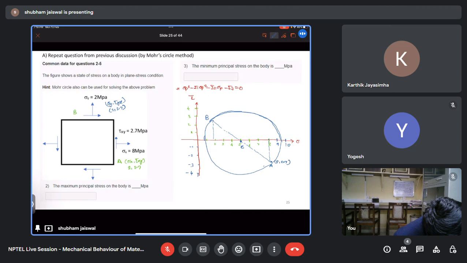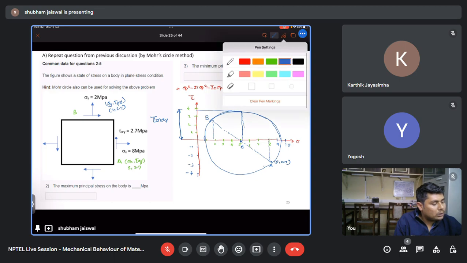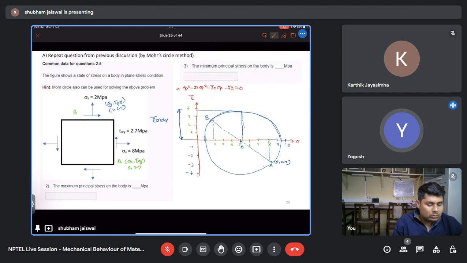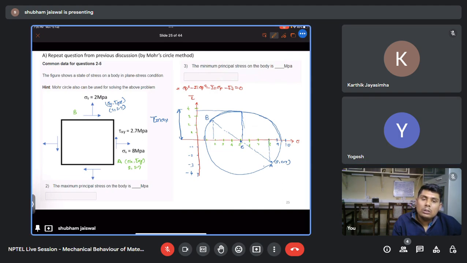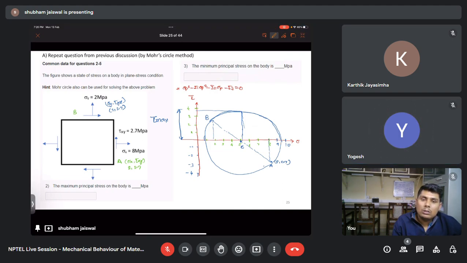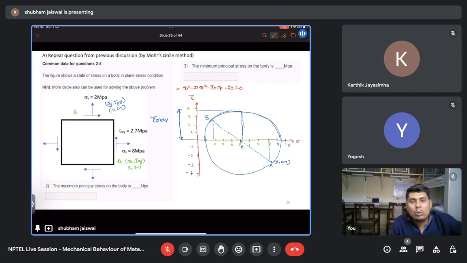And this is our maximum shear stress, that is tau max. How much is that tau max? 2.7. Tau max is? Sorry. Don't just go with the diagram, draw to the scale and you will get the answer.